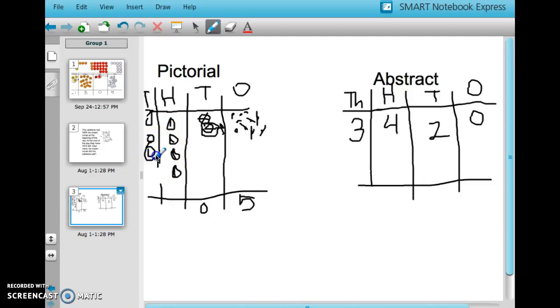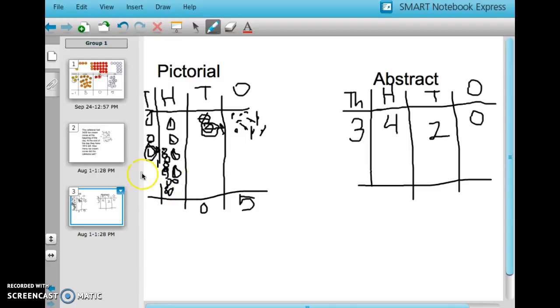From the thousands place. So we're going to go ahead and take it from the thousands place and regroup it into the hundreds place. So we have 1, 2, 3, 4, 5, 6, 7, 8, 9, and 10.